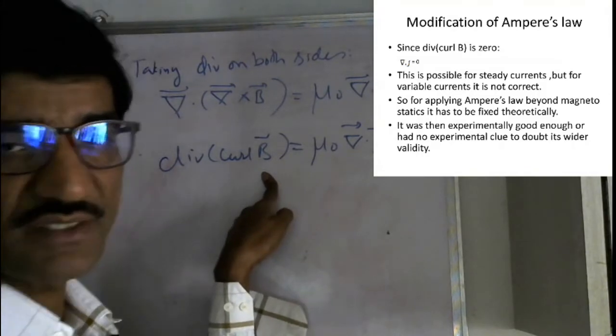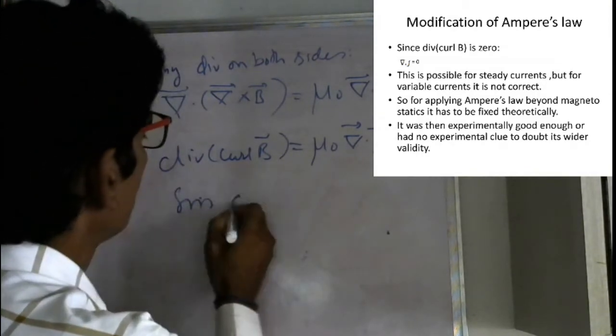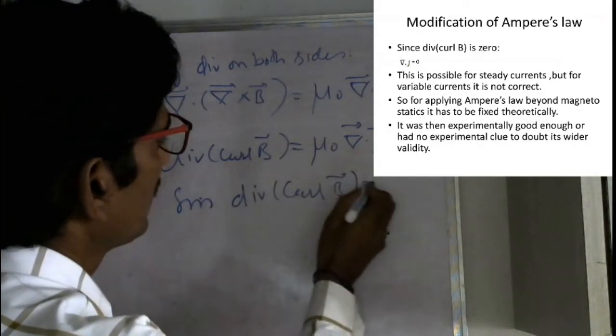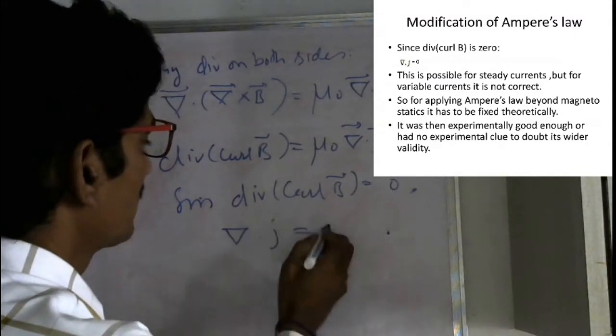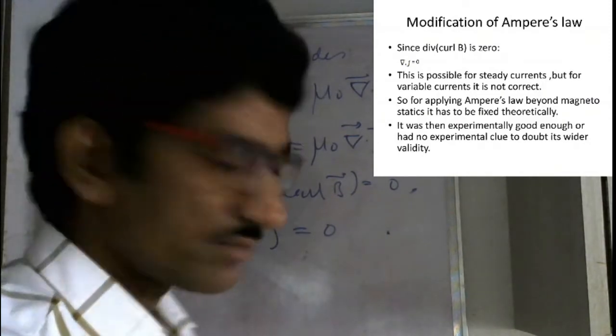This we know from vector analysis. What is the meaning of that? Since the divergence of curl B is equal to 0, del dot J is equal to 0.